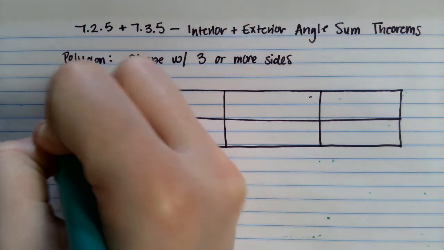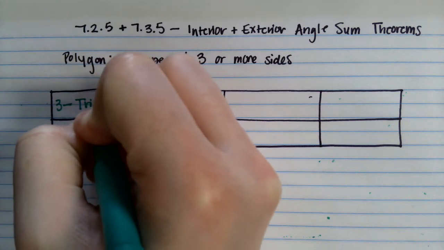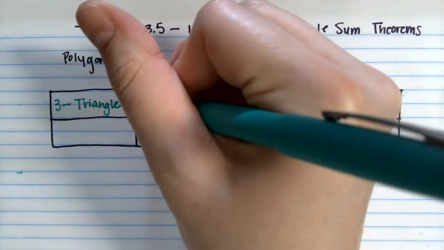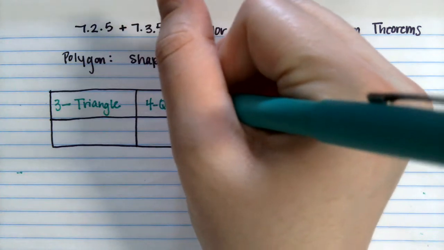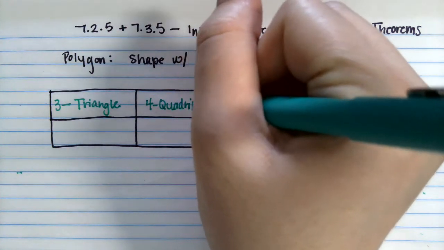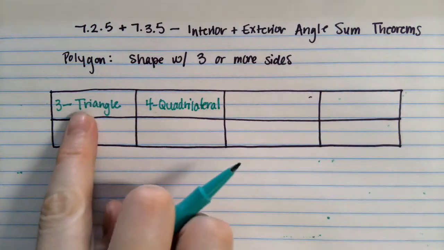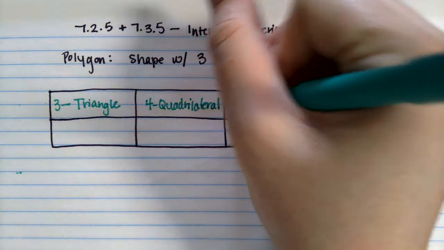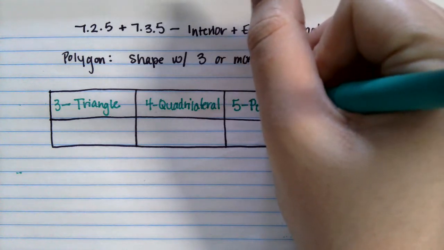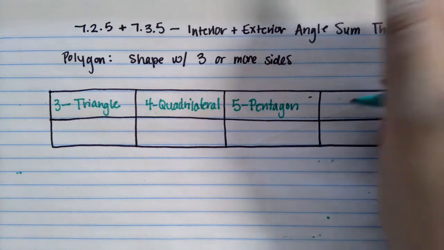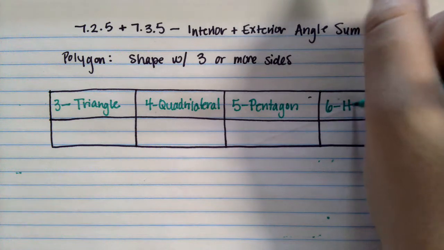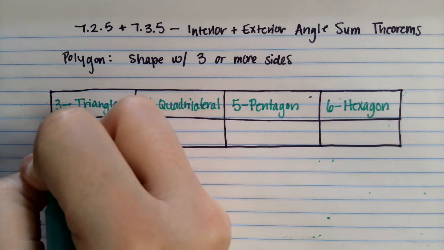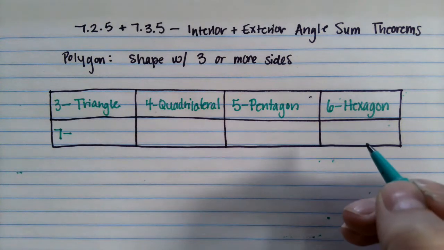So if we have 3 sides, we know that one is a triangle. If we have 4 sides, we know that one is a quadrilateral. Tri for 3 and quad for 4. If we have 5, that's a pentagon. 6 is a hexagon. 7 actually has 2 names that it goes by.